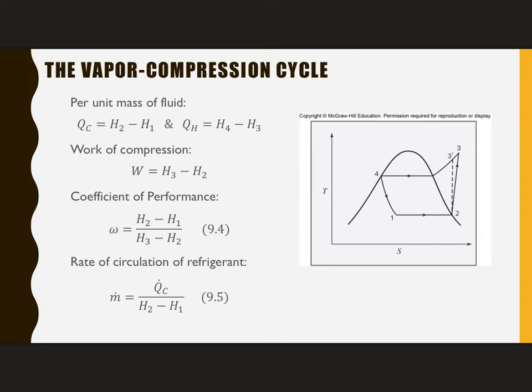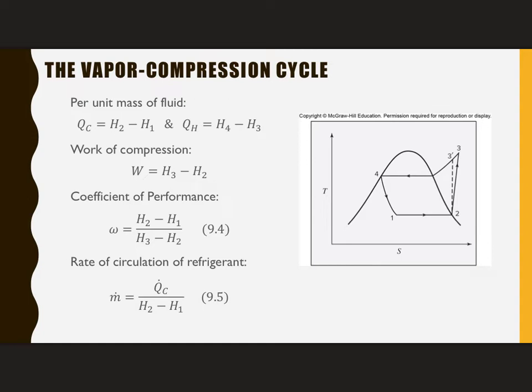To analyze this, if we do this on a per unit mass of fluid basis, the specific heat transfer and specific work are easily calculated. Q at the condenser, assuming no kinetic or potential energy changes to speak of, is simply the enthalpy at the exit minus the inlet.